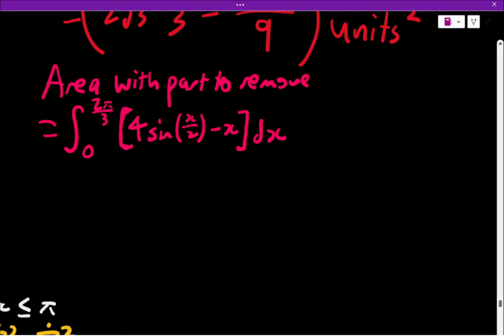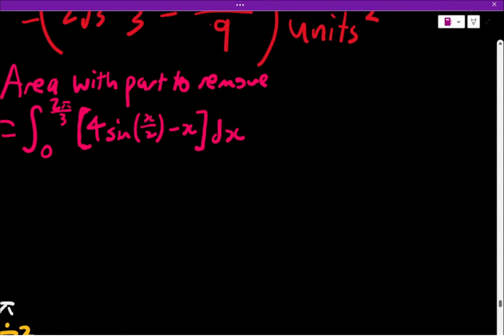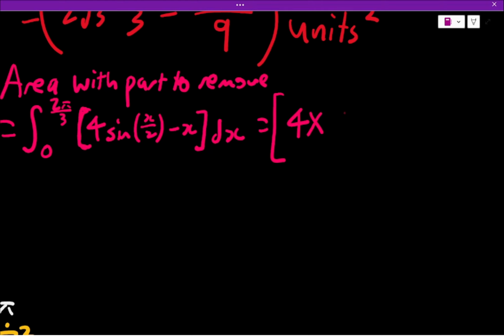Alright, what does this give us? Well, okay, let's integrate sine. So we know that when we differentiate cosine, we get negative sine. So when we integrate sine, we get negative cosine. Actually, let's start with this first: 4 times negative cosine of x over 2.